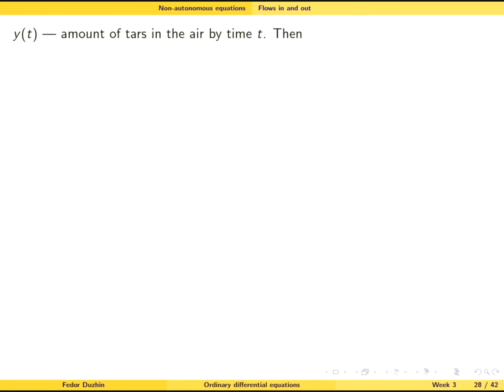So let y of t be the amount of tars in the air by time t, measured in, say, milligrams or micrograms. I don't know how exactly it is measured, but in some units of weight. In general, the derivative of the amount of tars is the rate of change of the amount of tars, which is rate in minus rate out.